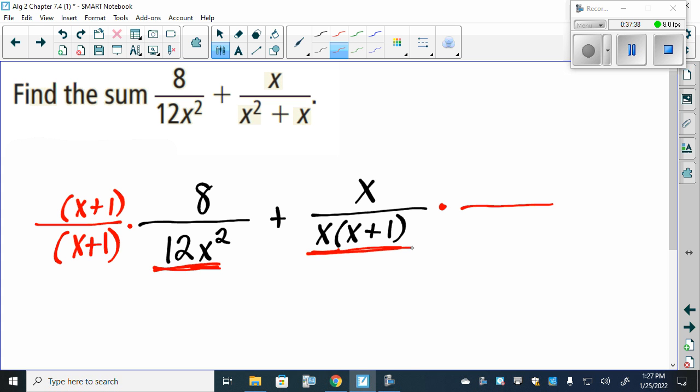Now if we look at the x times x plus 1, what is it missing that 12x squared has? Well, we do have the 12. Here we have x squared, here we have x. So the 12x squared has two x's. The x times x plus 1 has one, so I need one more x for them to be the same.